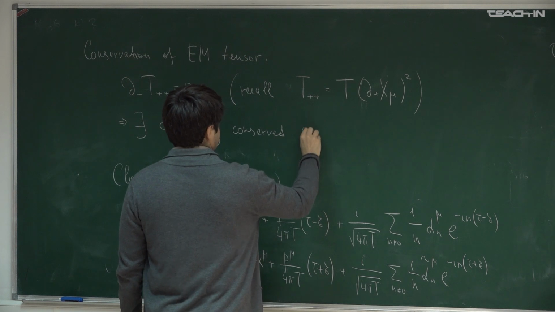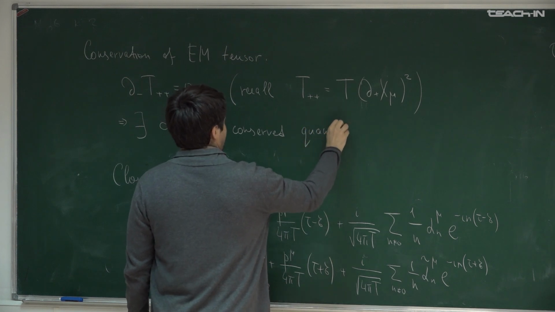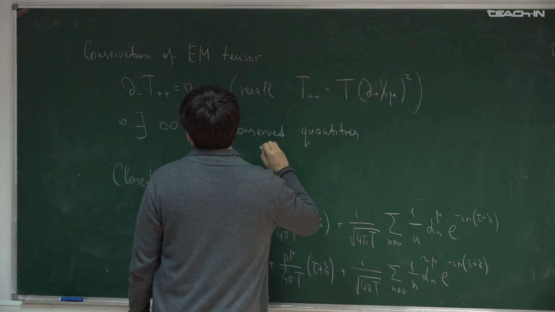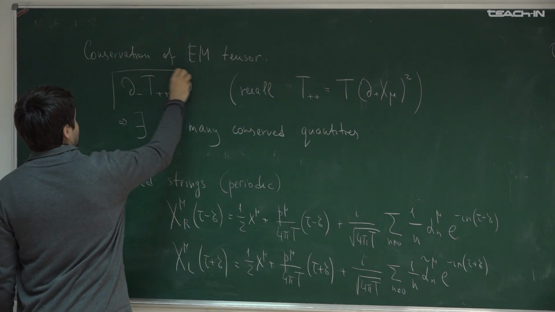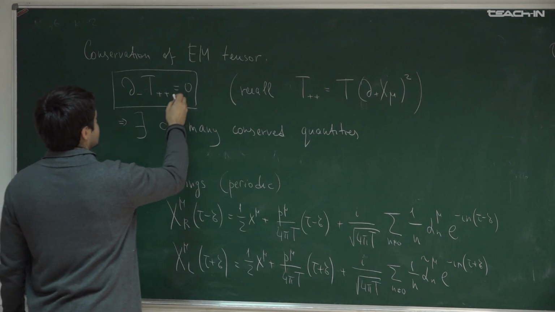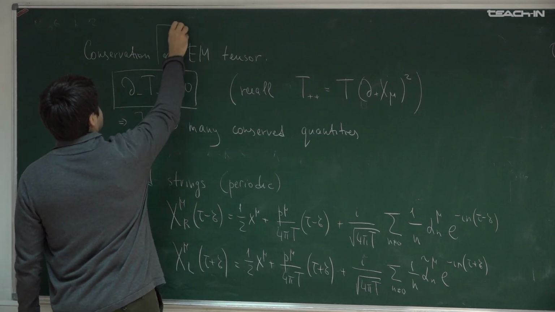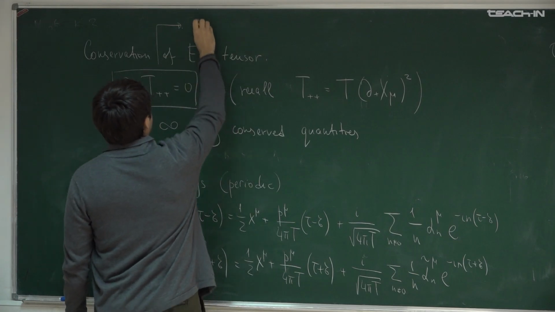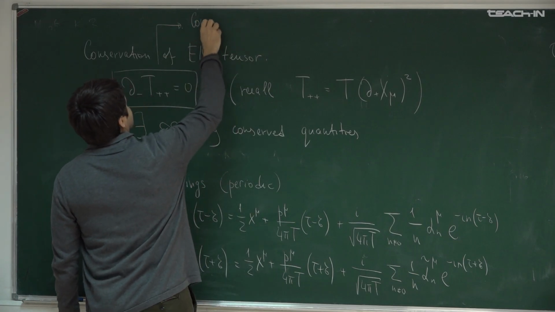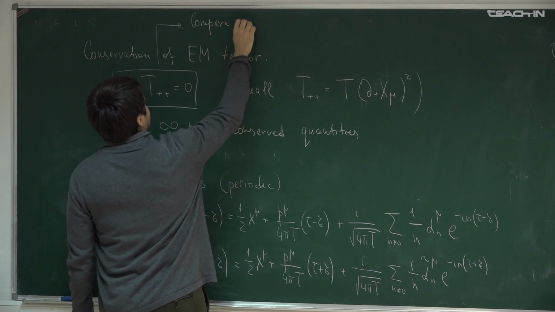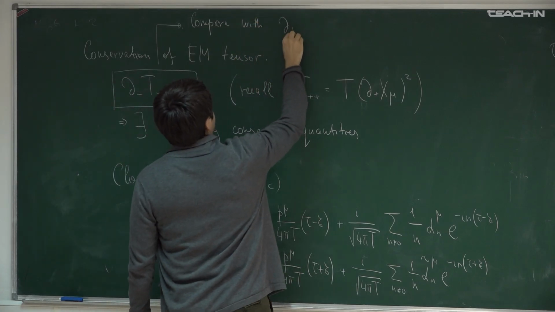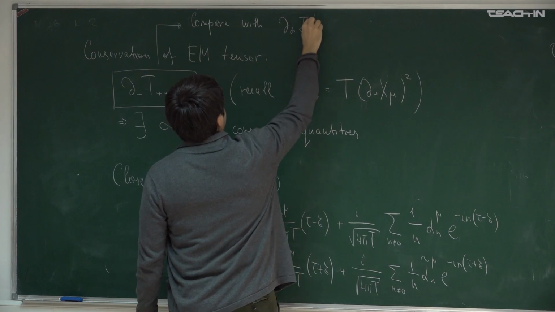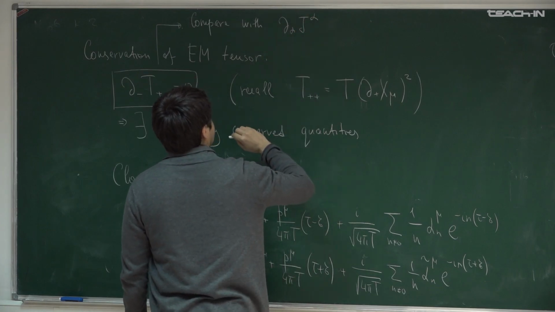This is a somewhat non-standard conservation equation, because it should be compared with a typical conservation equation of the form d alpha j alpha is 0.